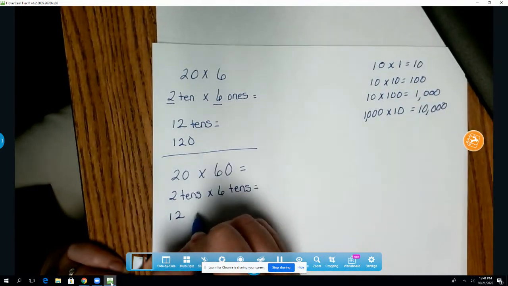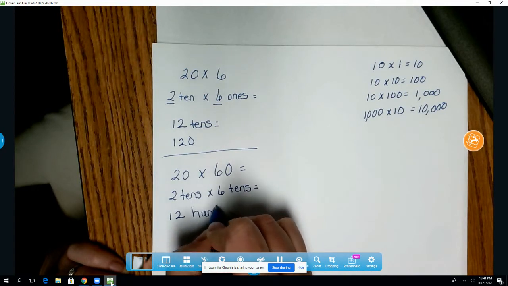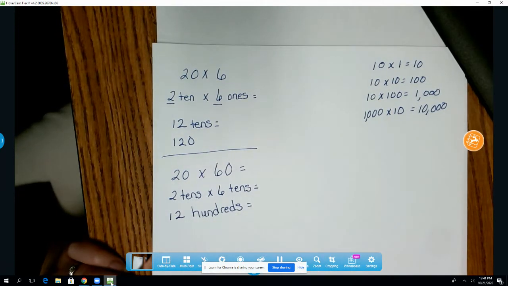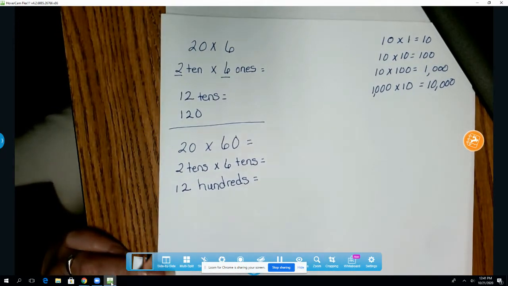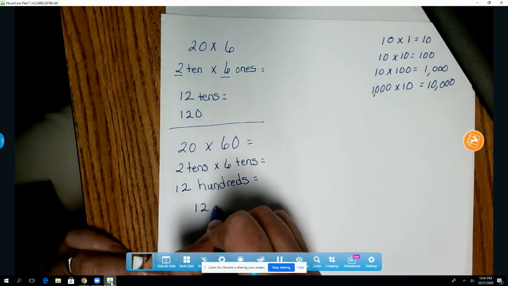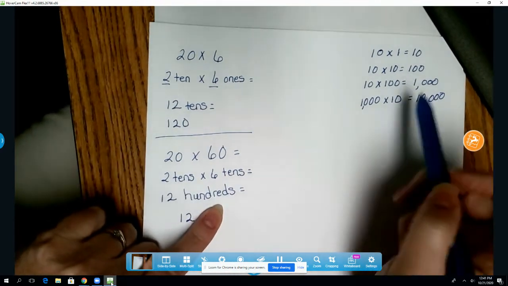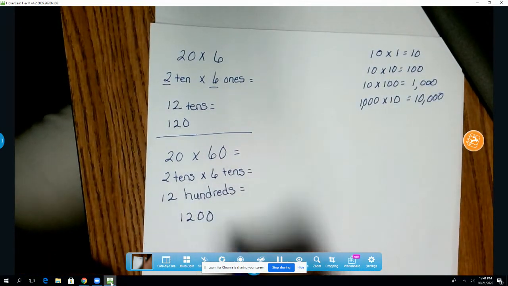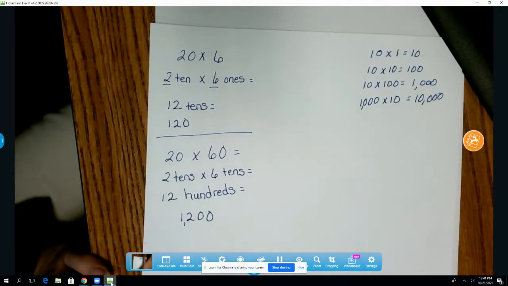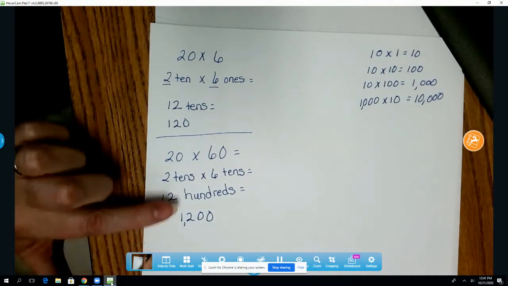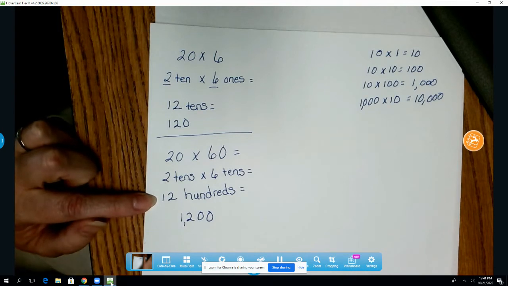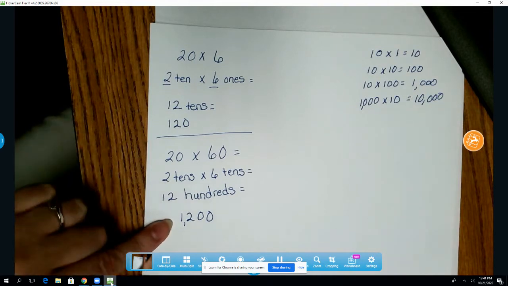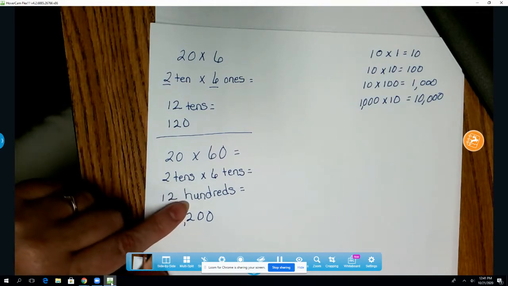So that would be 12 hundreds. And if I were to write that out in standard form in just numbers, there's my 12. There are 2 zeros in 100, so that tells me I'm going to put 2 zeros here. And so it's 1,200. This is why sometimes you hear people talk about 1,200 as being twelve hundred, because really you have 12 groups of 100.